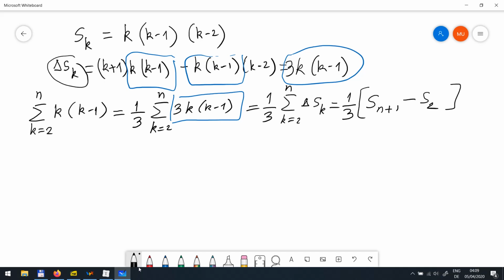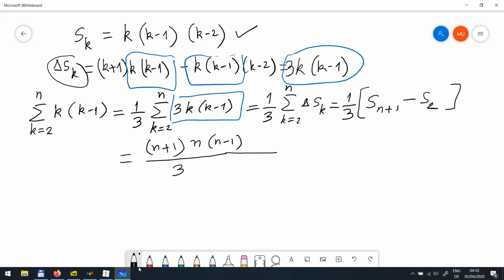And I can now plug in. So take 3 in the denominator. Sn plus 1. I know the formula, this one. All I need is to plug n plus 1 for k. So it will be n plus 1 for the k, then the next one will be n, and the next one will be n minus 1. I'm just plugging n plus 1 for k.